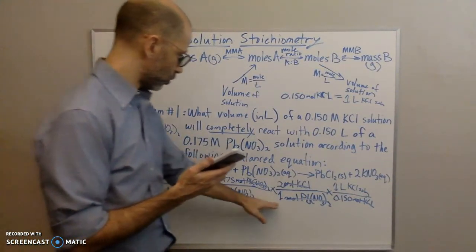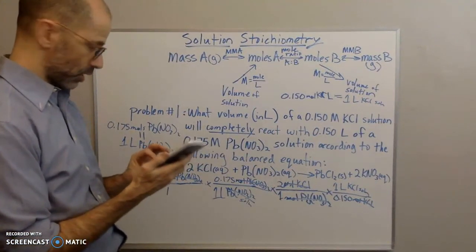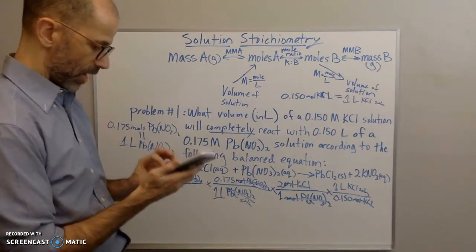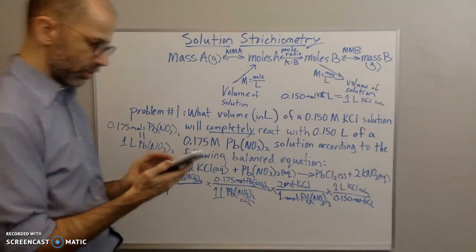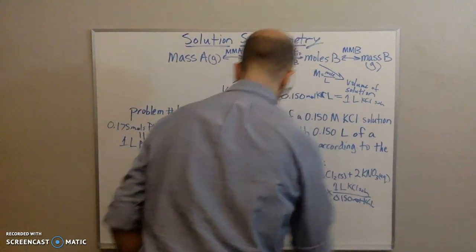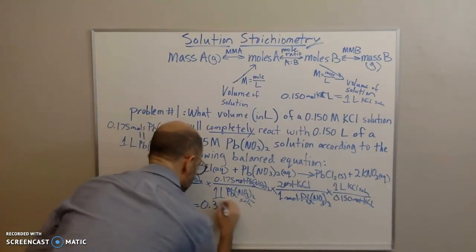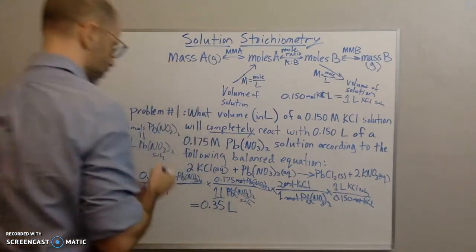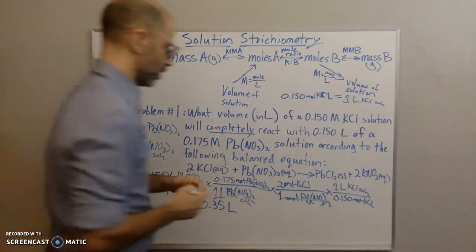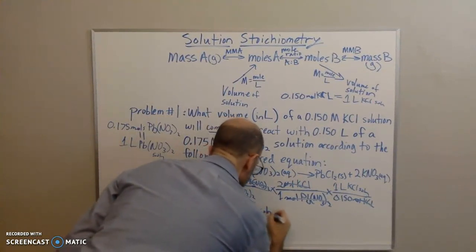I have 1, 1, 1, and 0.150 equals, and I get 0.35. So this becomes 0.35 liters. Liters of what? My KCl solution.